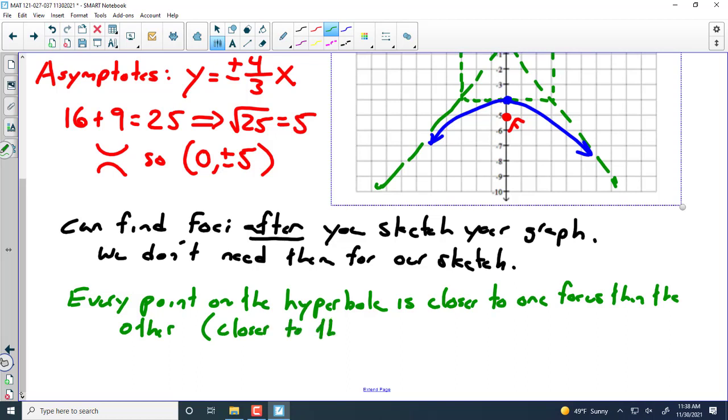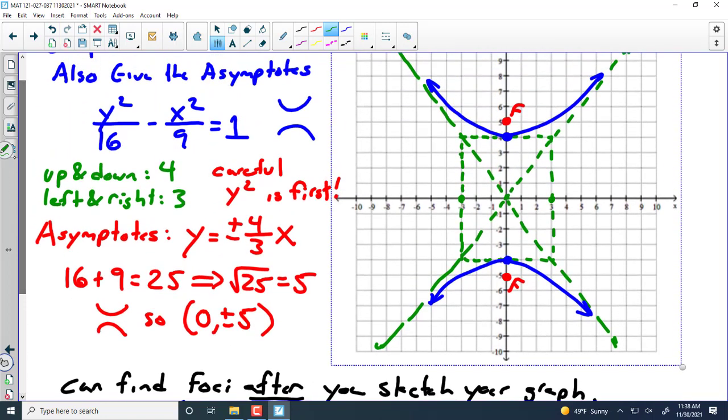Closer to the focus on its side. So any point that you could find on this hyperbola is closer to the focus on its own side than it is to the focus on the other side. They're all like that. Any point on this piece up here is closer to this focus than the focus down here. And any point on the piece down here is closer to the focus down here than the focus up there.